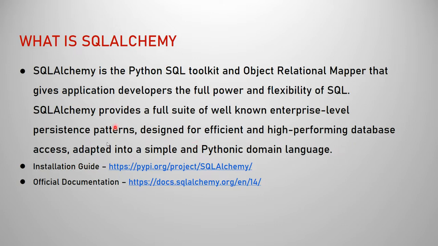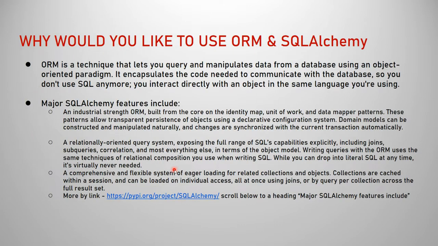Okay, so how to install the SQLAlchemy, and its official documentation is provided here, so you can go and check it, see the examples, because this is a fine library with good content in it. ORM is a technique that lets you query and manipulate data from a database using an object-oriented paradigm.